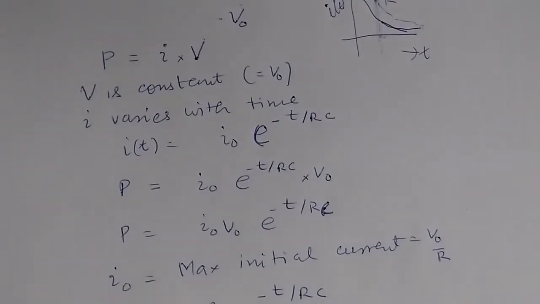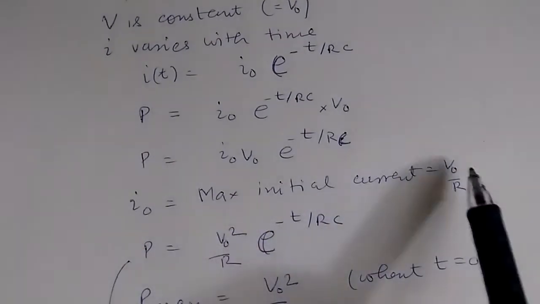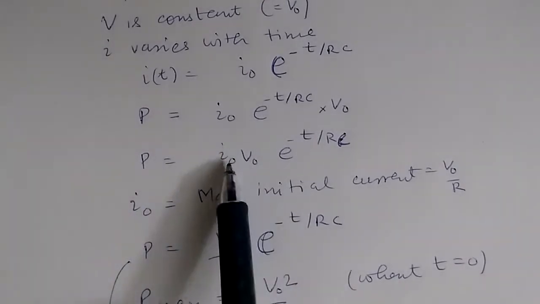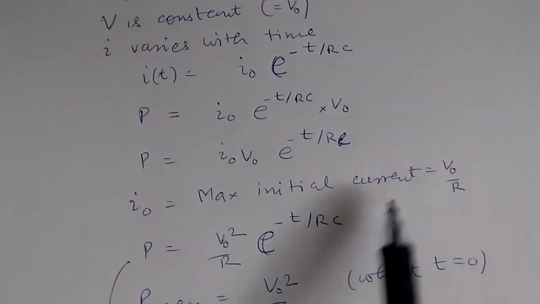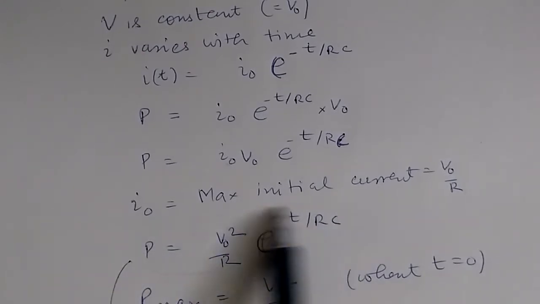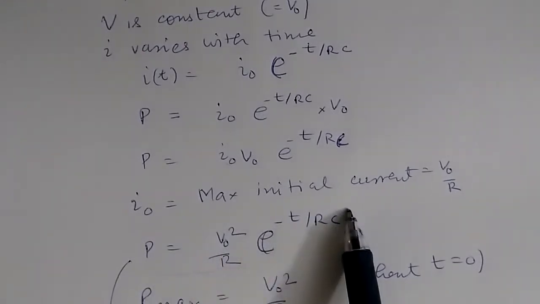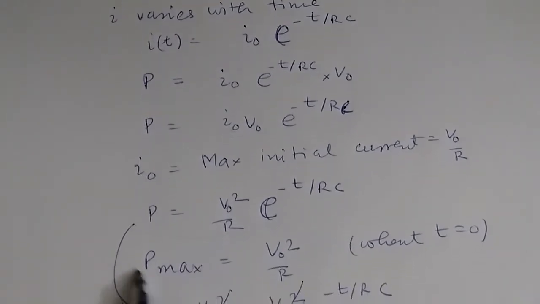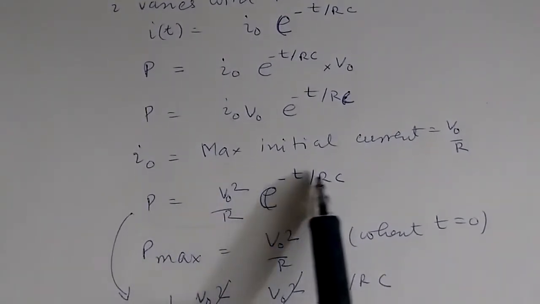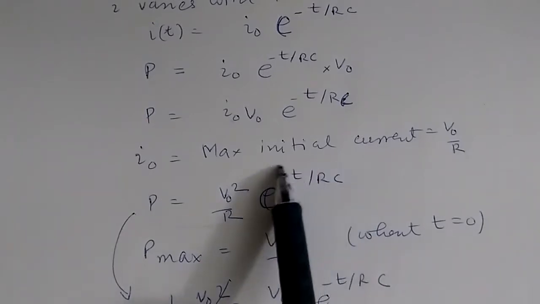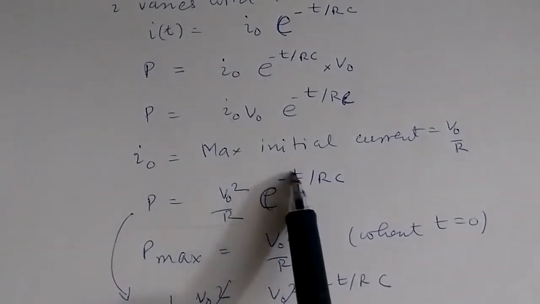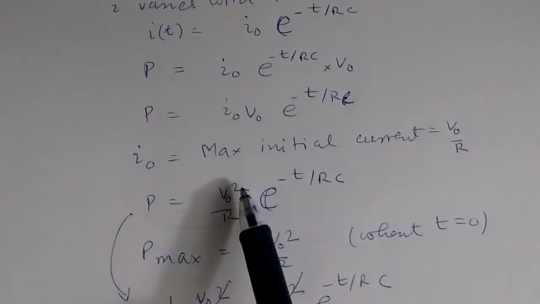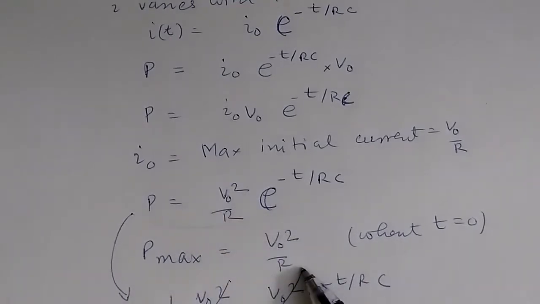So power is equal to V0 square by R e to the power minus t by RC, because we can substitute I0 as V0 by R. The power is maximum right at the beginning, when t is equal to 0. At that point, e to the power 0 is 1, so the maximum power delivery is V0 square by R.